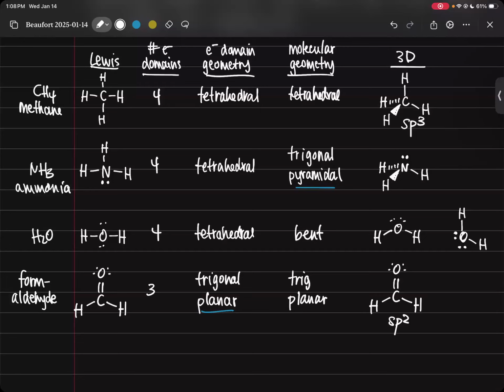For the methane example at the top, carbon is making 4 different bonds to 4 different atoms. But in formaldehyde, it's only making bonds to 3 atoms.